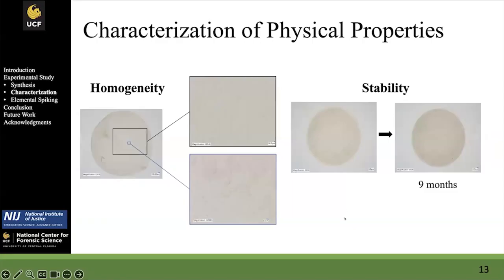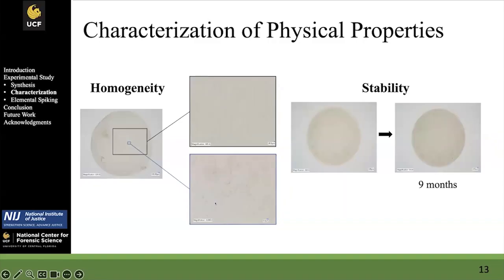We are also looking into the homogeneity and stability. For the homogeneity, we want to ensure that the sample is physically and chemically homogeneous at the scale of ablation. As you can see on the left-hand side in the top image, we did a series of imaging where we looked at the physical homogeneity, and then in the bottom image, we also looked at the homogeneity at the scale of ablation at 1000x.